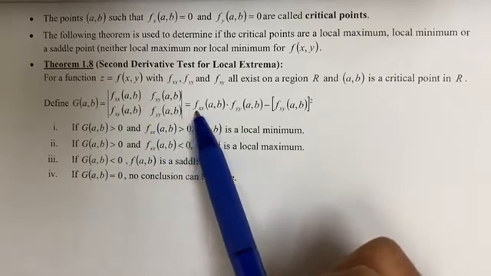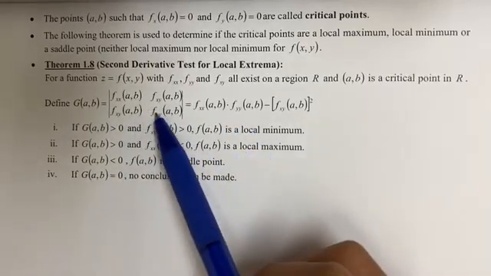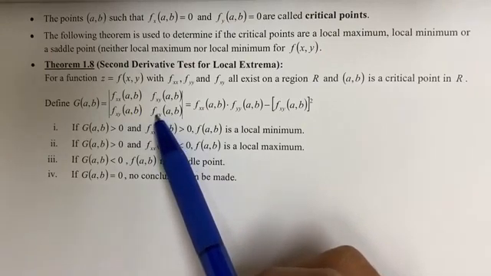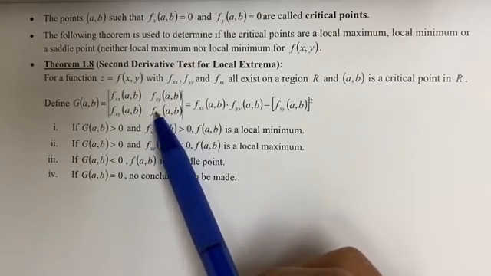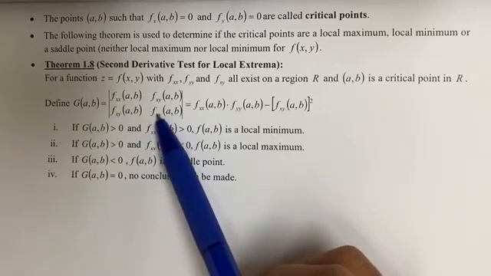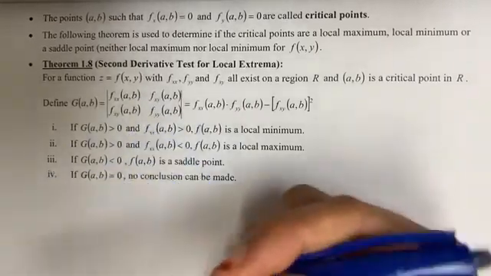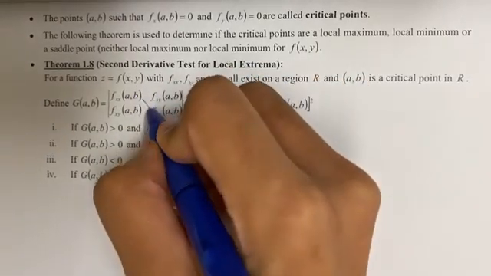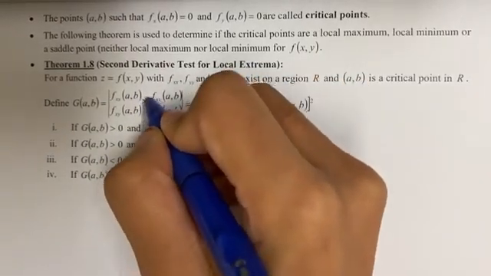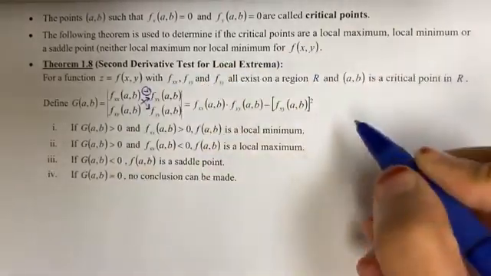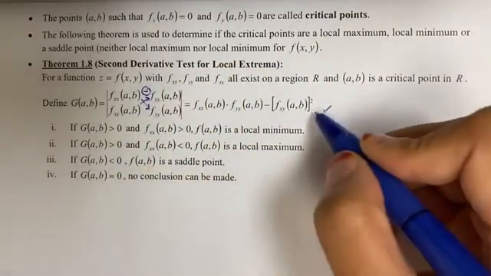So this is basically equal to fxx multiplied by fyy, minus fxy multiplied by fxy.